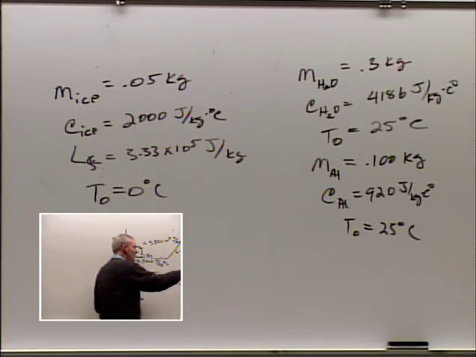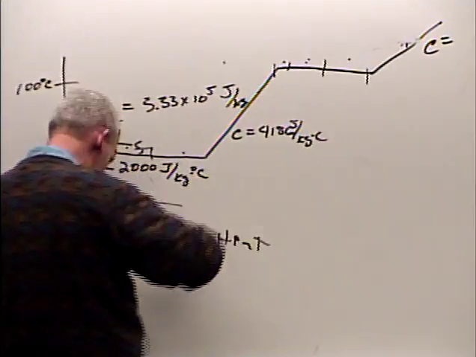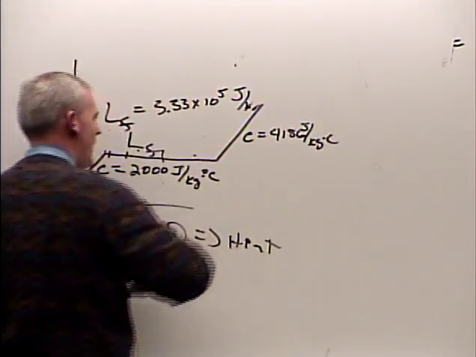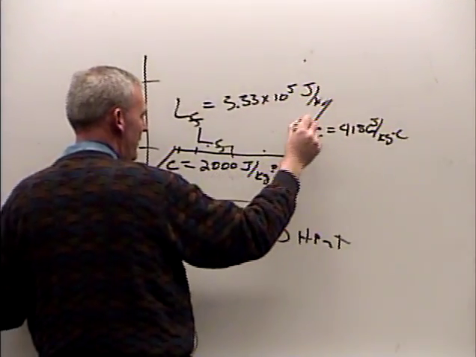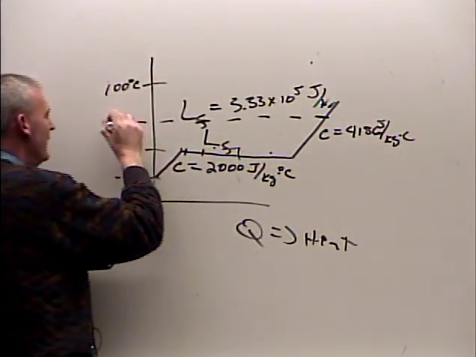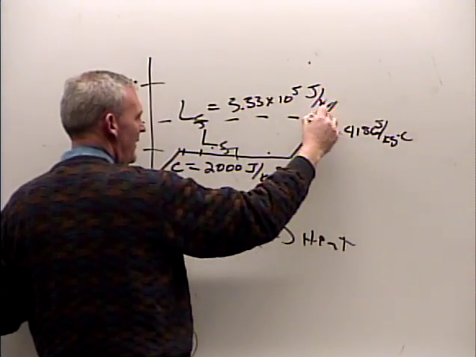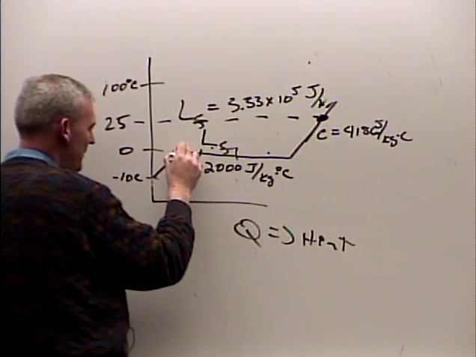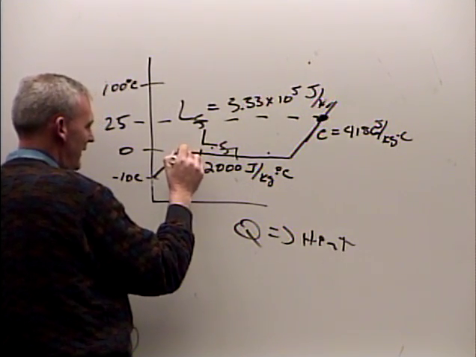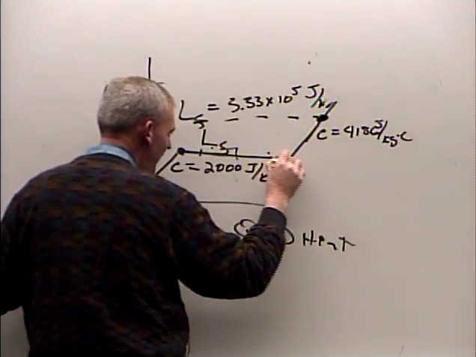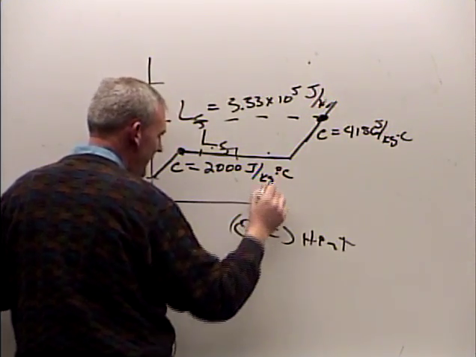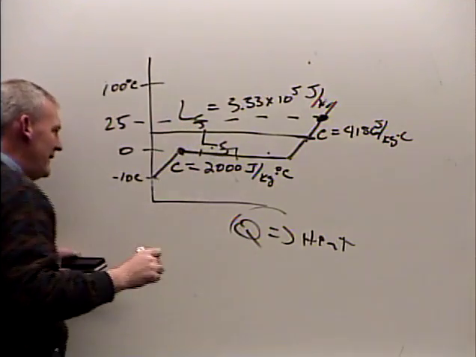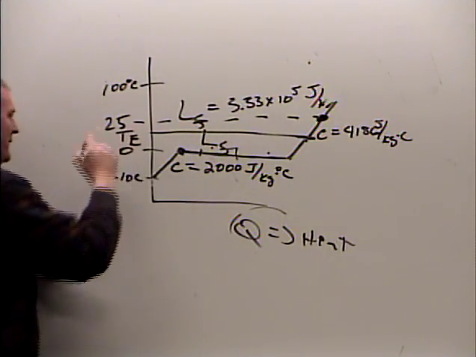So what happens is, we'll cut off this part of this graph. Basically, the water and the aluminum are right here at 25, and they're going to cool down this way while the ice starts here at the latent heat of fusion, goes this way, adds all this energy, and then shoots up here, and they're going to meet somewhere right there. And this is my equilibrium temperature.